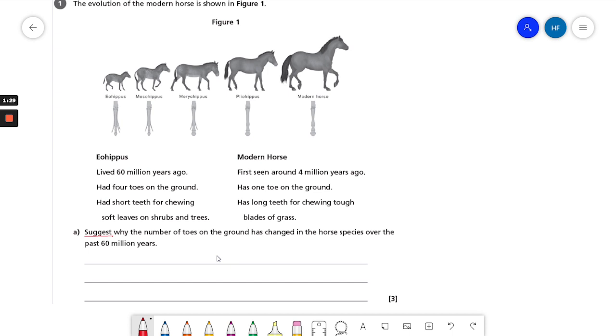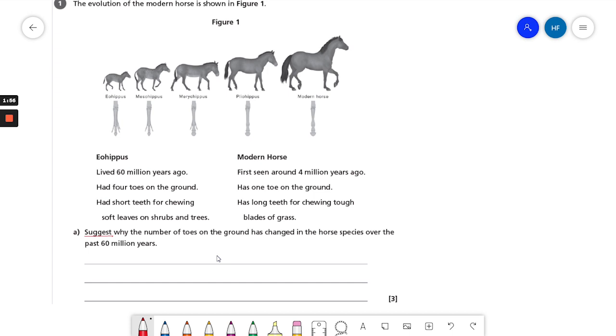And the teeth also change from short teeth for chewing soft leaves on shrubs and trees to having longer teeth for chewing tough grass. Now, the question is asking for you to suggest why the number of toes might have changed over the millions of years. So we need to be thinking about reasons why it might be an advantage to have a hoof or 1 toe rather than a number of toes.